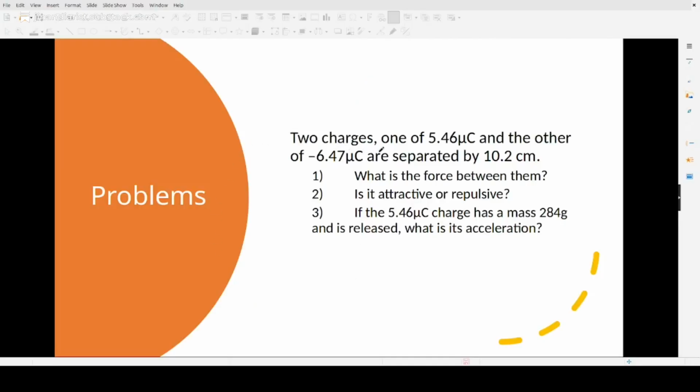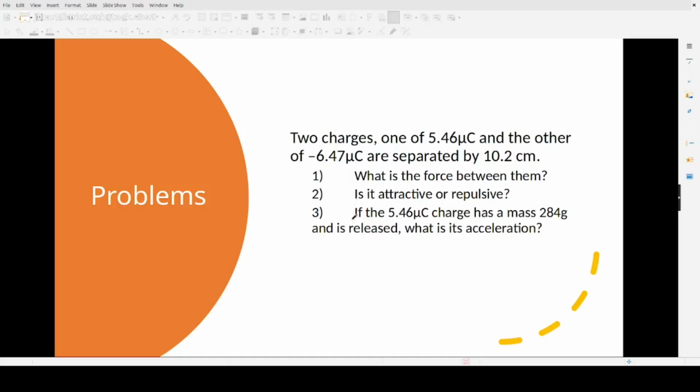Two charges, one of 5.46 microcoulombs and the other of negative 6.47 microcoulombs, are separated by 10.2 centimeters. What is the force between them, and is it attractive or repulsive?